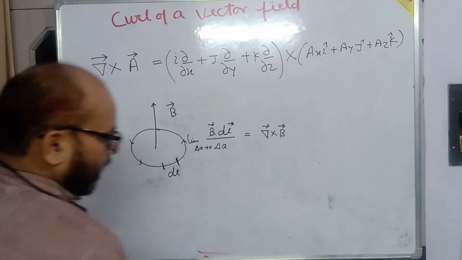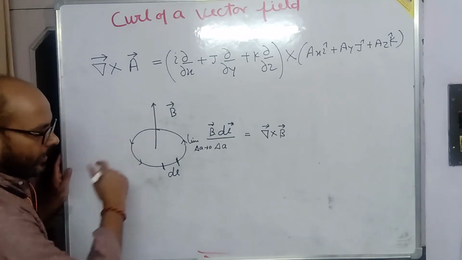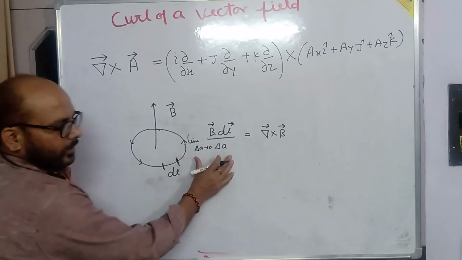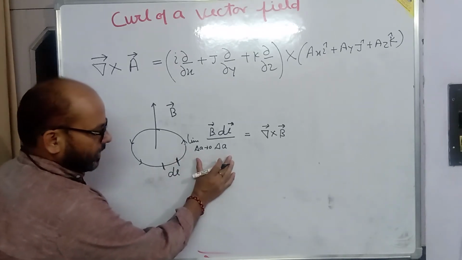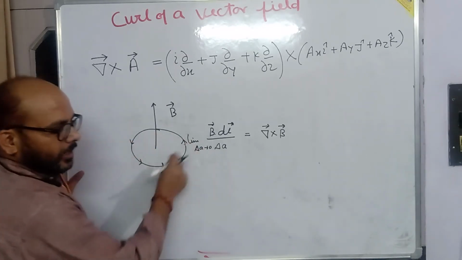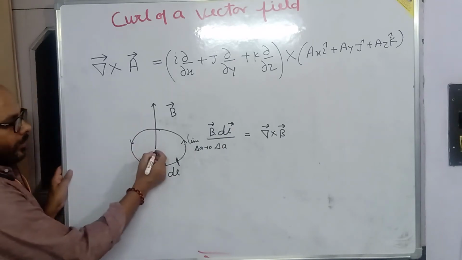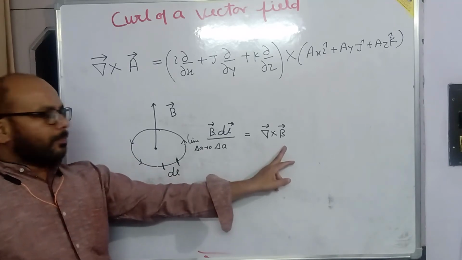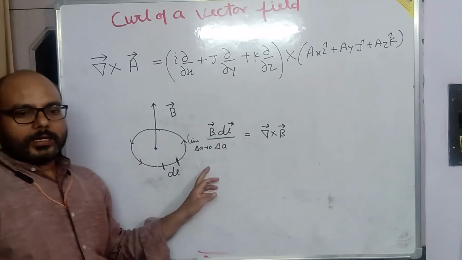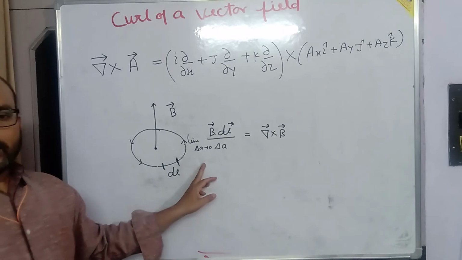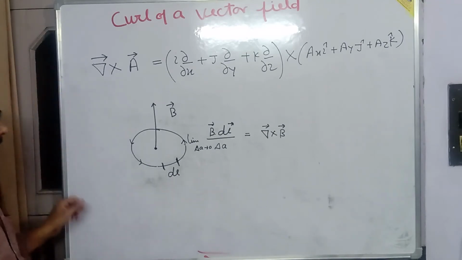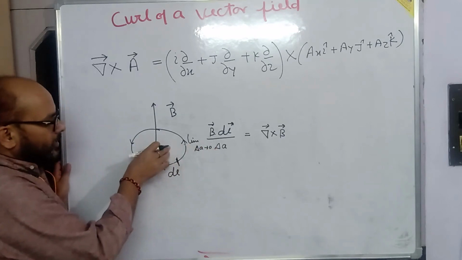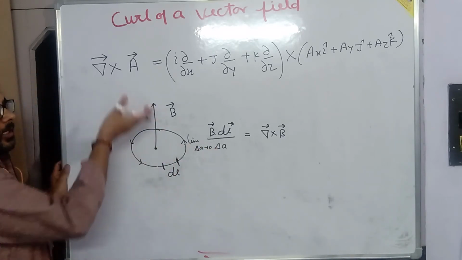So simply, the curl of a vector field: the magnitude is the maximum net circulation of the field vector B per unit area, as the area tends to 0, whose direction is normal to the area.